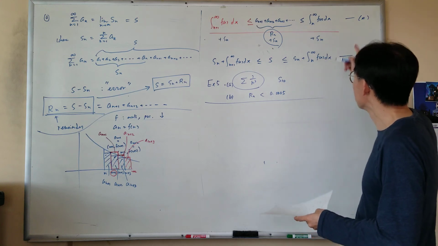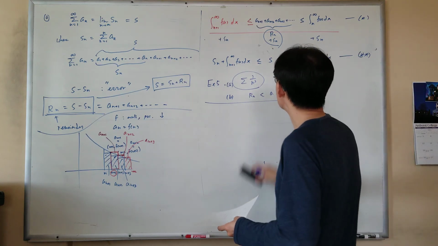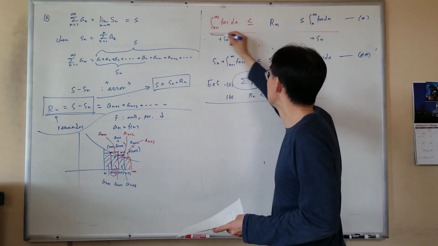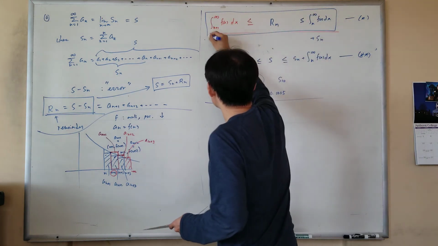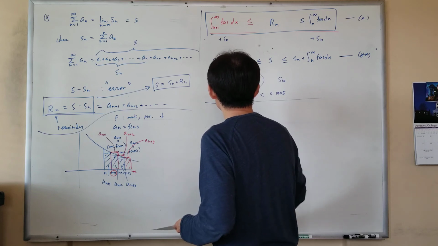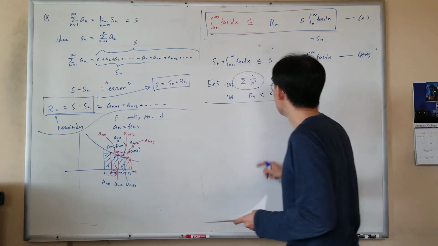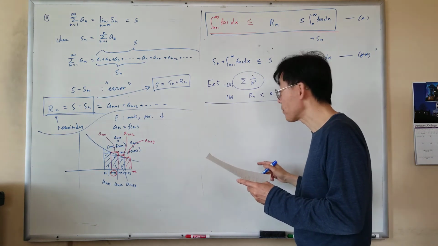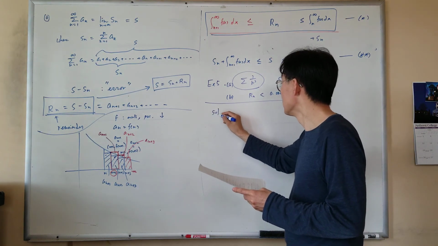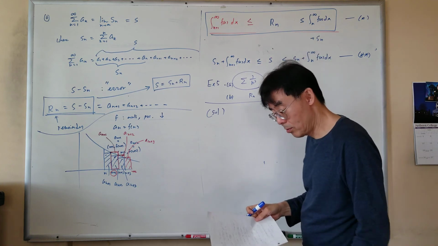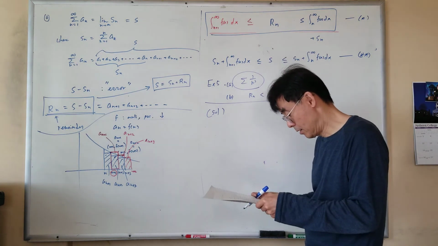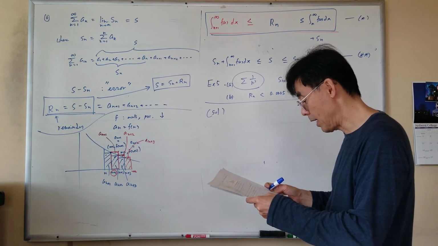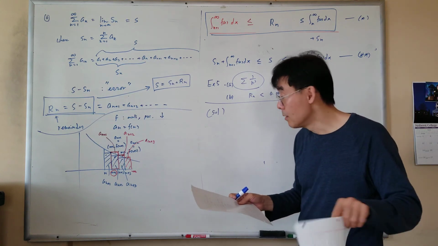Alright? The first theorem shows that. So I'm going to write this one as star. Now we want to use S_10. Alright? Solution. We want to know the error involved.